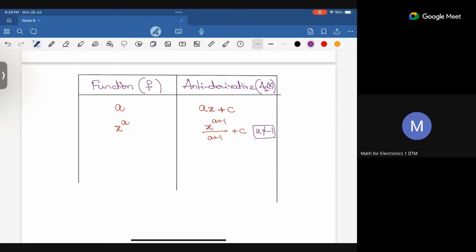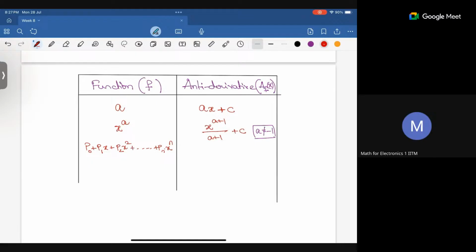Okay, and once we know these powers, polynomials we can write easily, right? So if I have some p0 plus p1 x plus p2 x squared, and so on, up to pn x to the n, and this is the function, I can actually compute the antiderivative of each term and just add it.